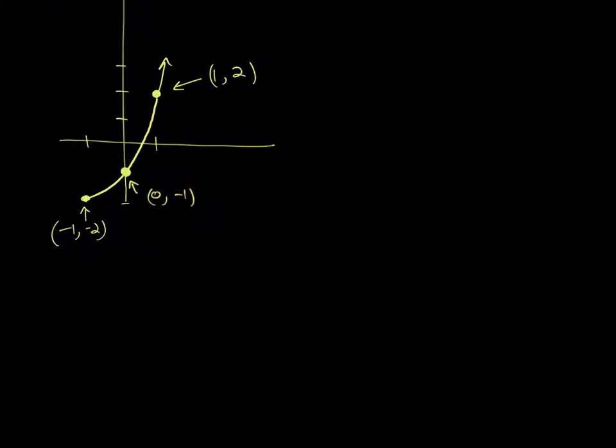So this is part of the graph for the function that was listed on the previous slide, the x squared plus 2x minus 1. And I've listed out a few ordered pairs here. There's one here. This one ends up being the vertex for the parabola. And then these 2 points are what the interval covers.